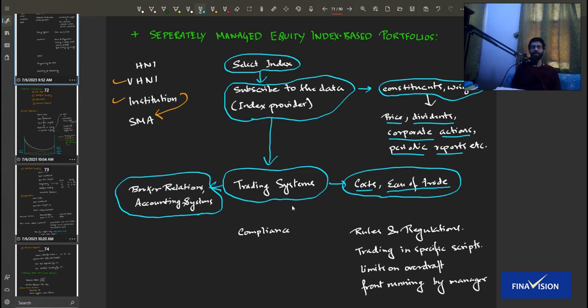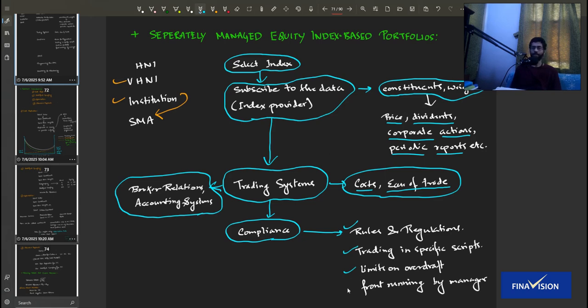Now all these things fall under the purview of a compliance mechanism, because rules and regulations have to be complied with. So a compliance mechanism is also required. Trading in specific scripts may be restricted or limited, right? Then there can be limits on overdrafts that can be stipulated by the regulation itself.